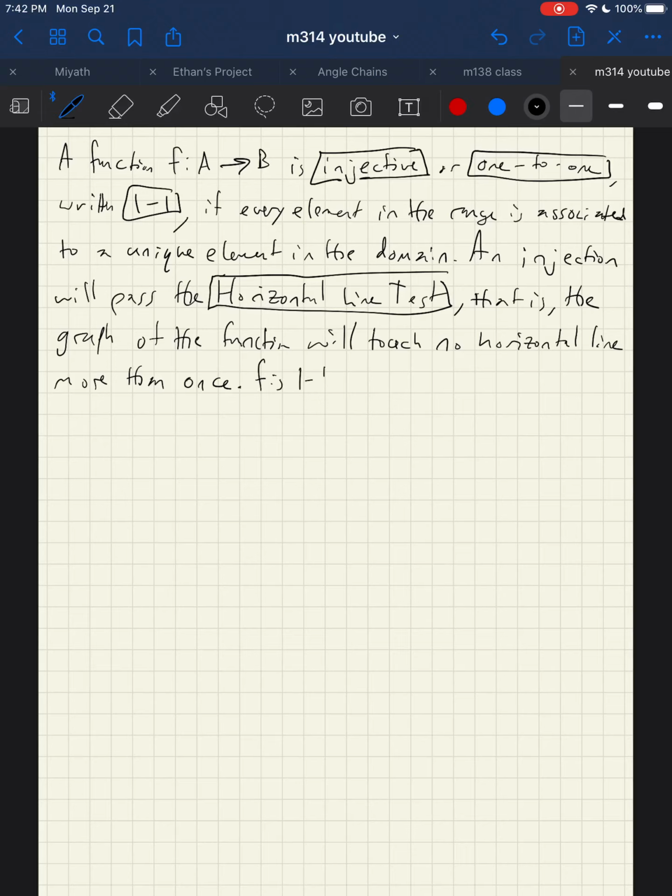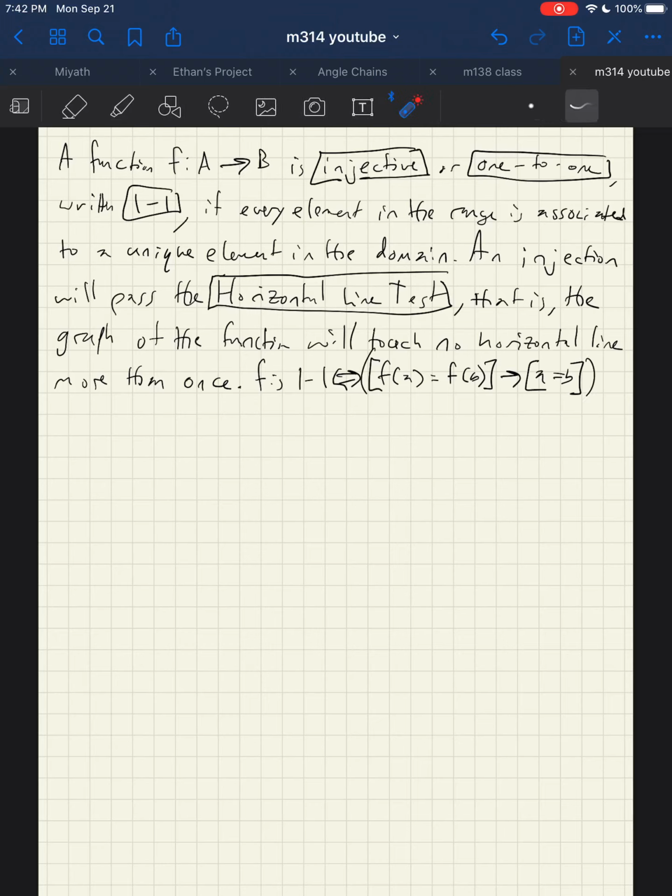Right? Now there's a sort of a secret code. f is one-to-one if and only if the following holds: f(a) = f(b) implies a = b. Okay? So how do I read this? f is one-to-one implies that if two outputs are the same, then the inputs had to be the same.